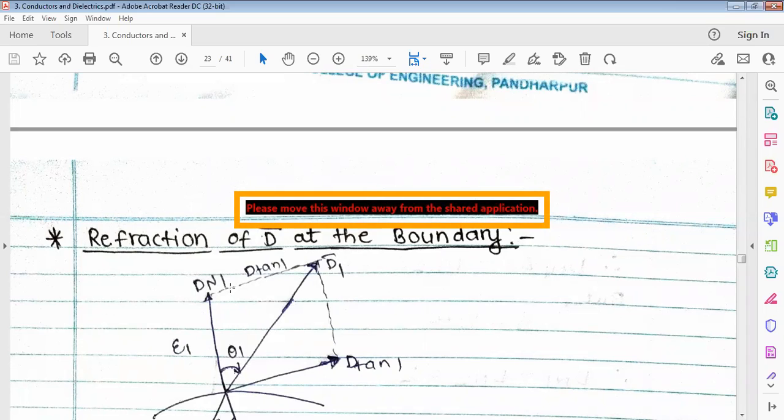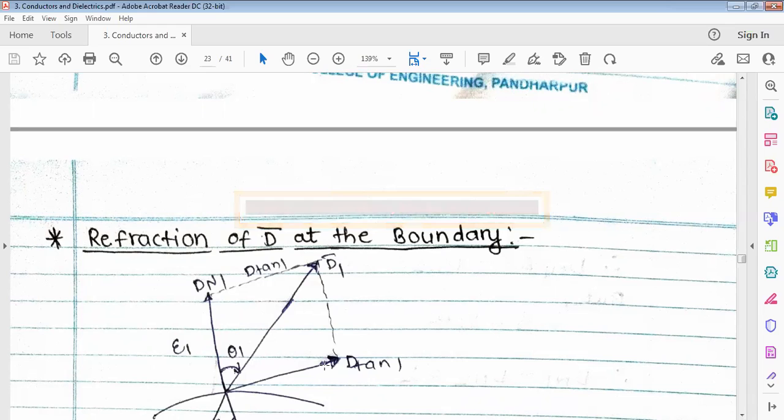If you want to find the tangential component, you have to consider the sine, right? That is the front side. And if you want to find this normal component, you have to consider the adjacent side, right? So what is cos theta 1 here?